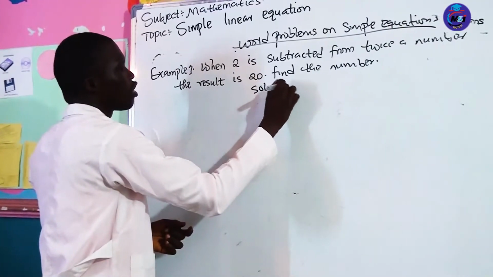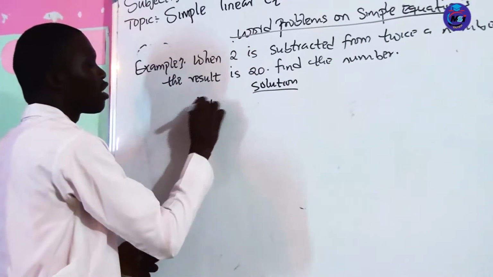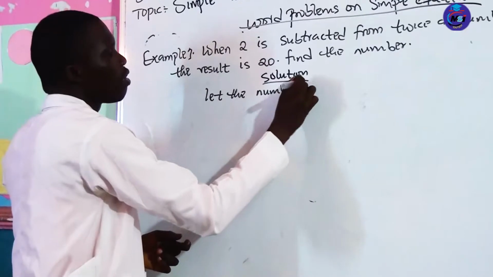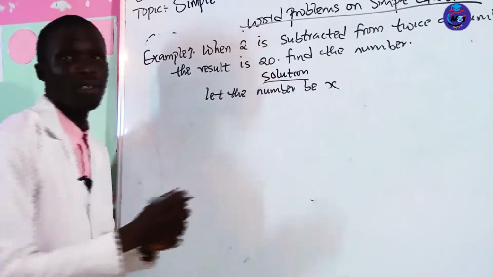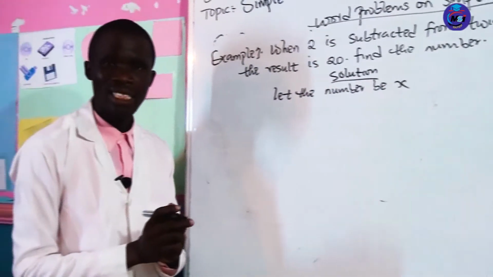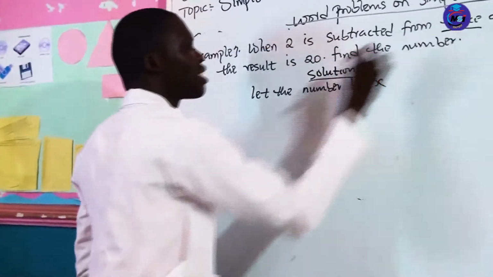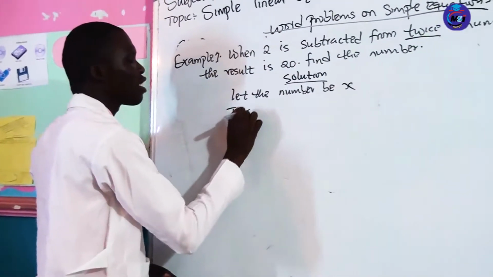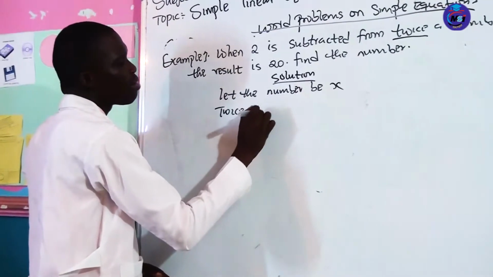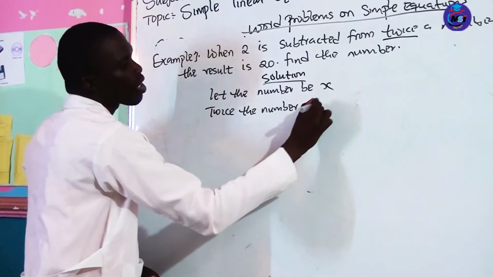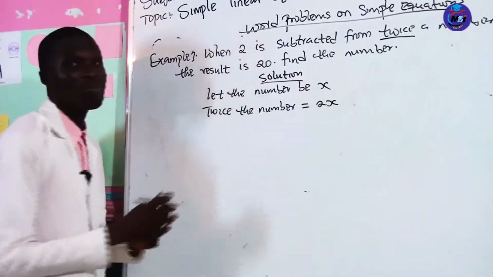Solution. Let the number be x. If the number is x, remember, twice the number will be what? 2x.